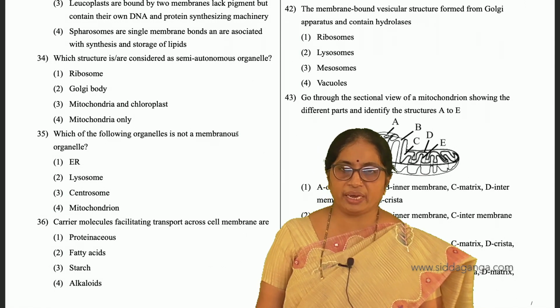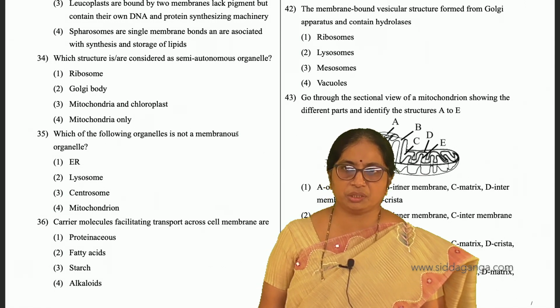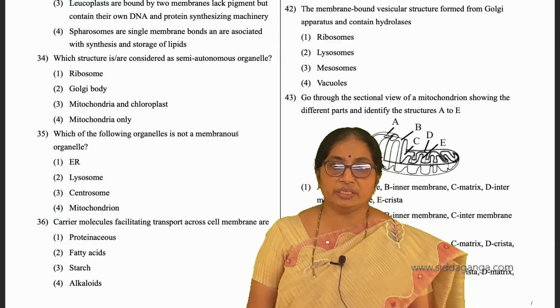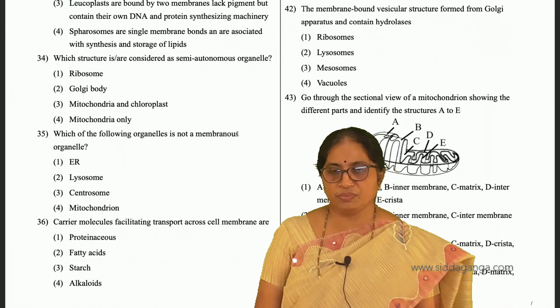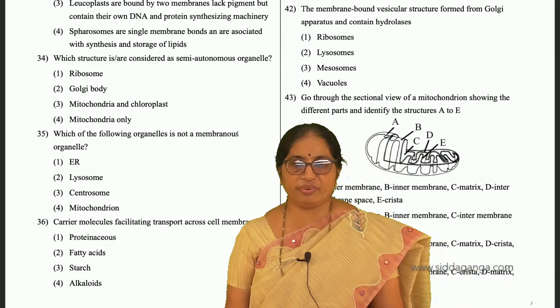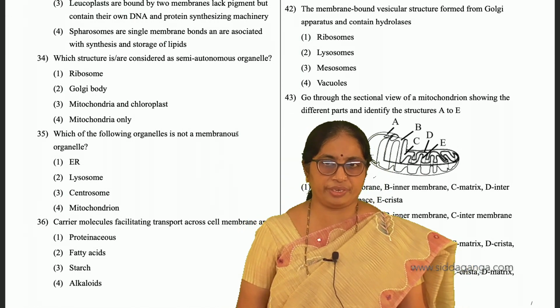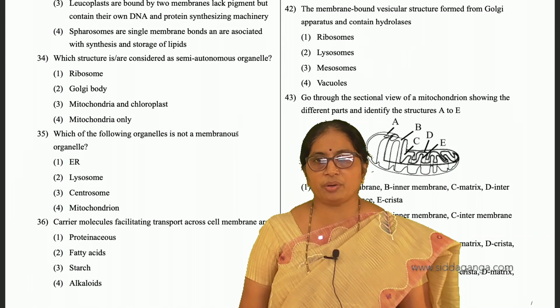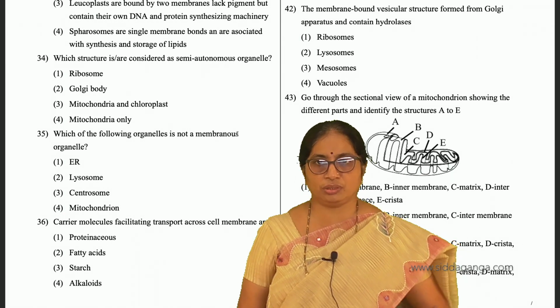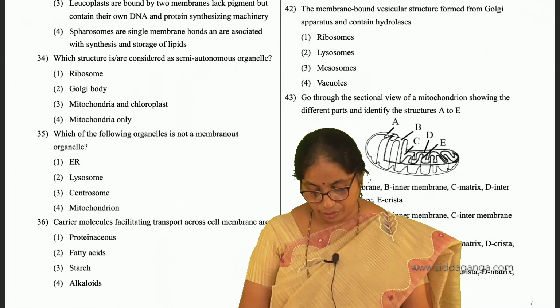Vacuoles are also single membrane vesicular structures, but they do not contain hydrolases. Vacuoles contain waste or excess water. So hydrolases are present in the lysosomes, so option 2 is the right answer.